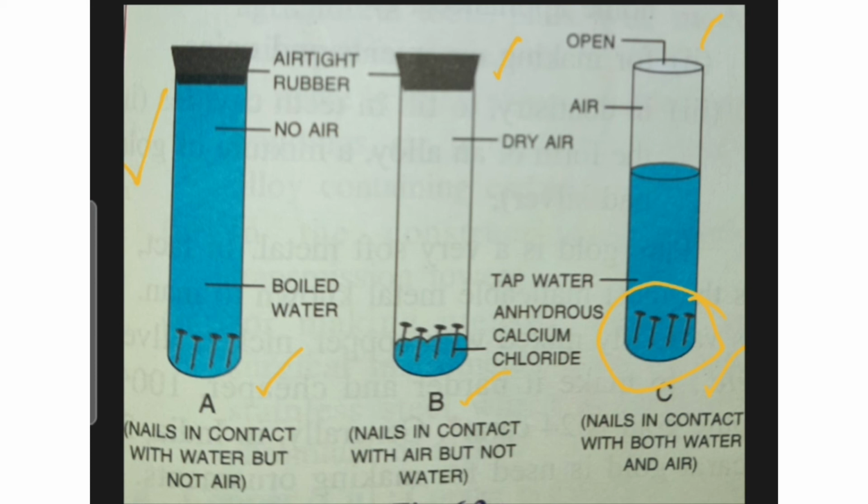The nails in test tubes A and B did not rust, because in test tube A there is water but no air, and in test tube B there is air but no water. That proves that both air and water are necessary for the rusting of iron.